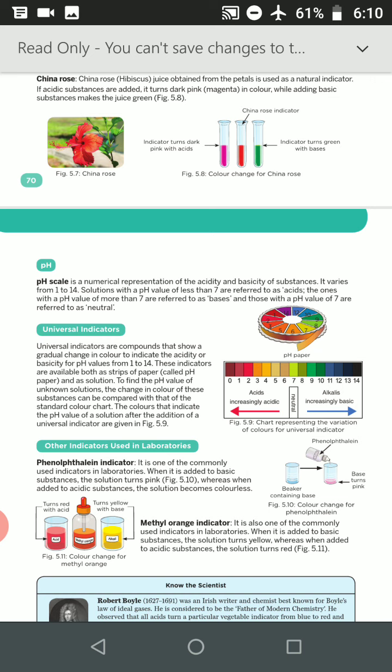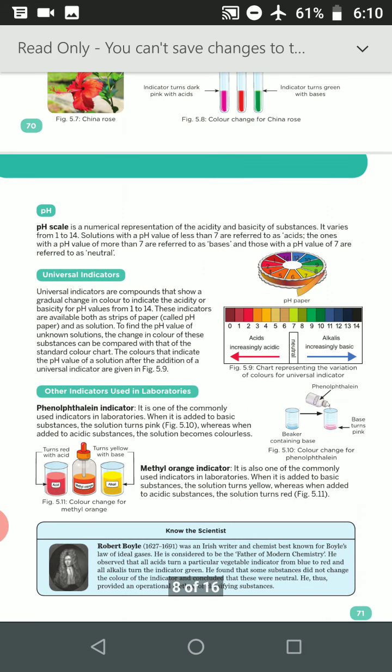The next one is the universal indicator. Universal indicators are compounds that show a gradual change in color to indicate the acidity or basicity for pH from 1 to 14. Means they show a change in color from 1 to 14. If you take the solution, each and every value will show a characteristic color.